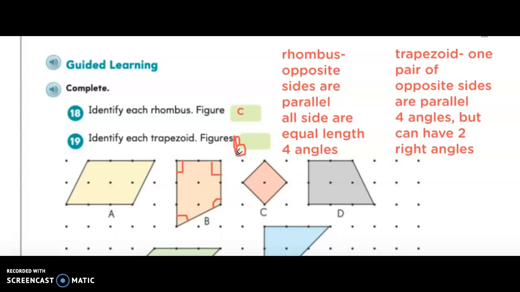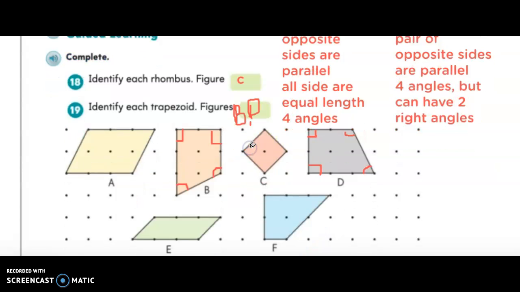Now, figure C we already know is a rhombus, so we'll look at figure D. These sides are not parallel, but these sides are, so that is good. That is one of our things. Now, four angles, two can be right. This is a regular angle, and this comes together to make that exact L-shaped corner. So this is a right angle, so this would count.